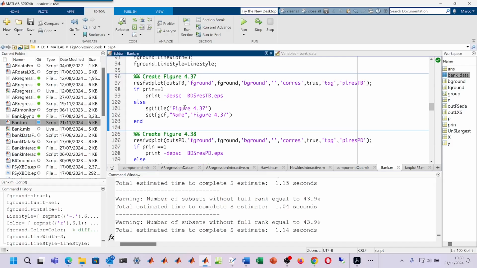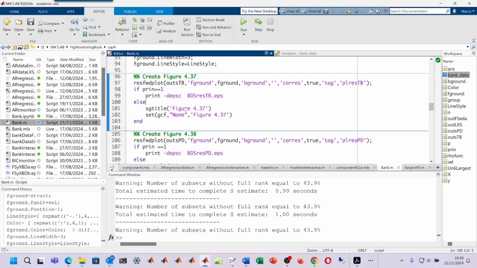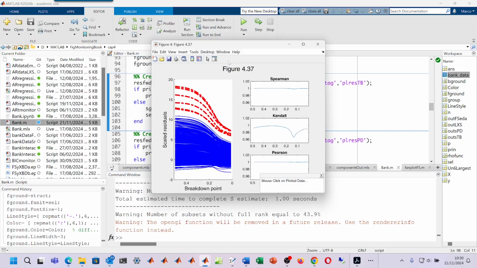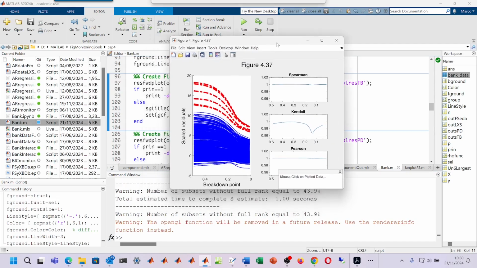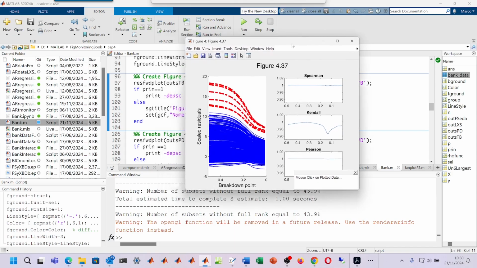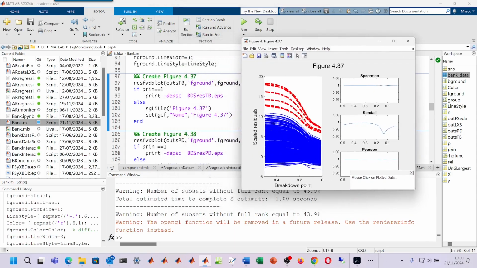Now, as you are about to see, the results of these two sets of residuals are very, very similar. So, this is the monitoring of the scaled residuals using the Tukey bisquare weight.